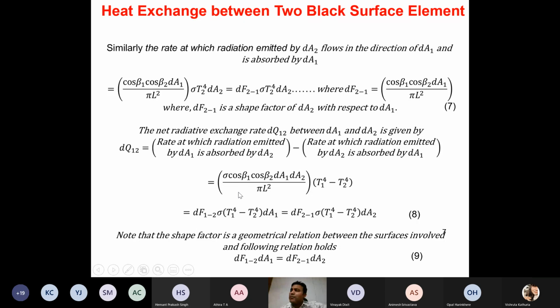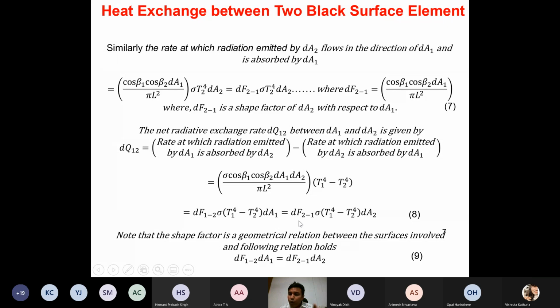This equation can be represented in terms of both shape factors, isn't it? We can represent it as dF12 sigma T1 raised to the power 4 minus T2 raised to the power 4 dA1. Similarly, if we want to represent this equation in terms of dA2, we will have dF21. Remember, if we use F12, the area multiplied is dA1.